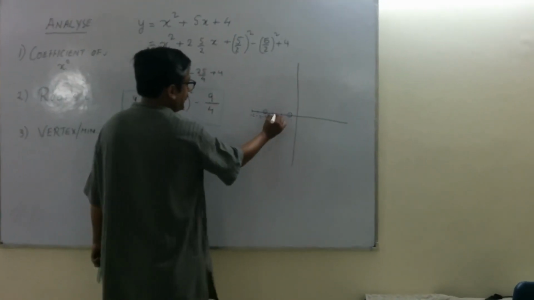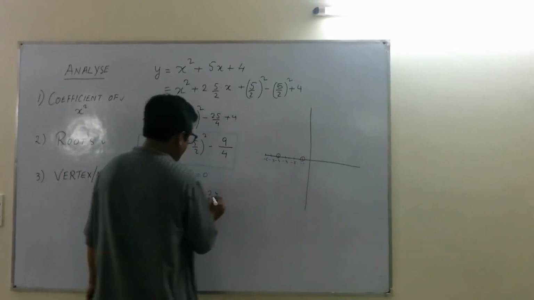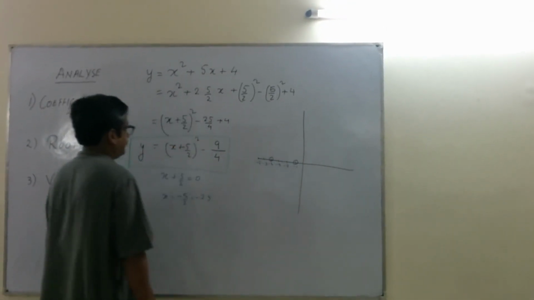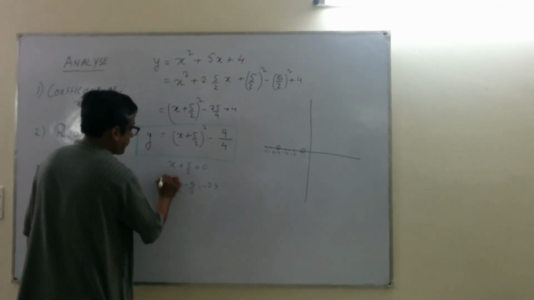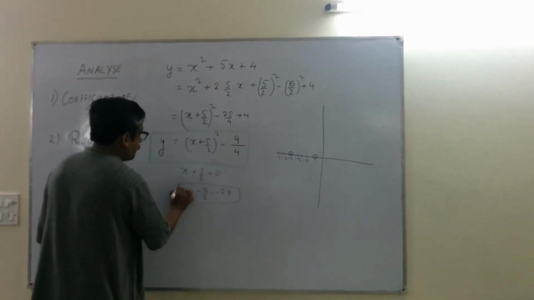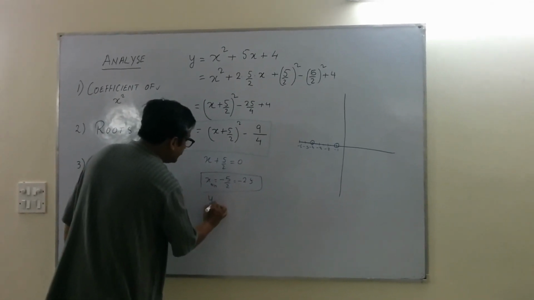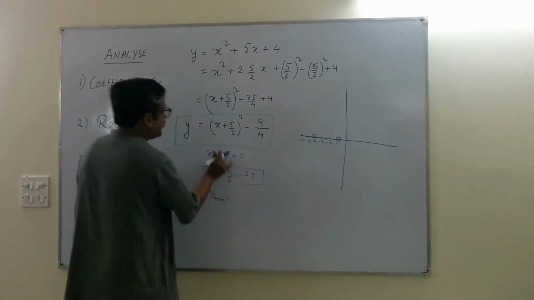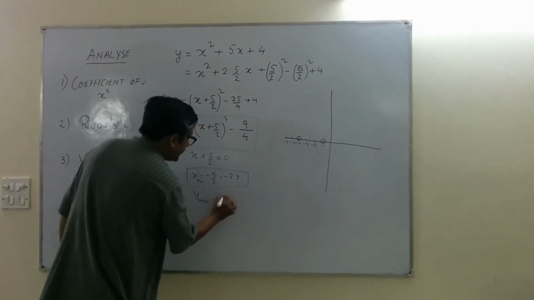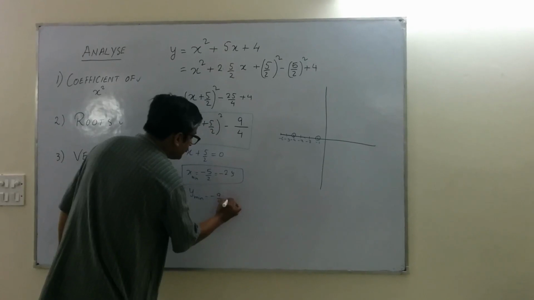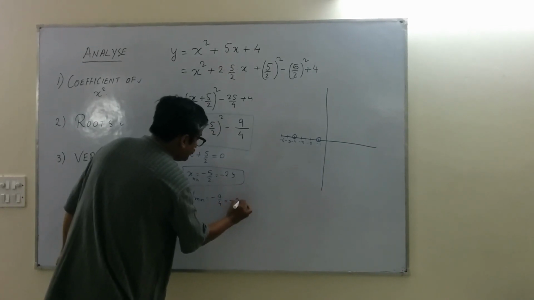So we have our minimum at minus 2.5. And what is the y coordinate of that? Of course, I have taken this part to be 0. The y coordinate is minus 9 by 4, which is minus 2.25.